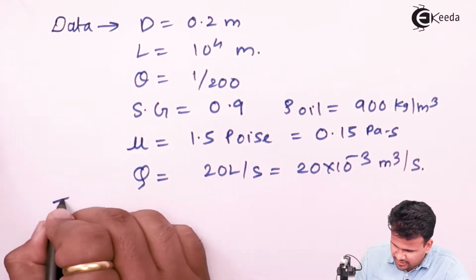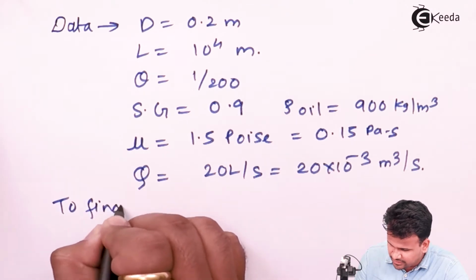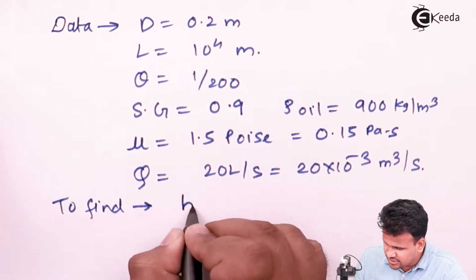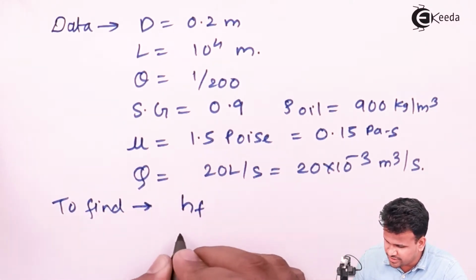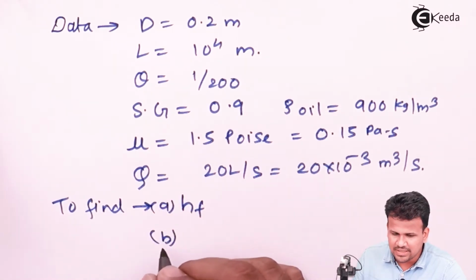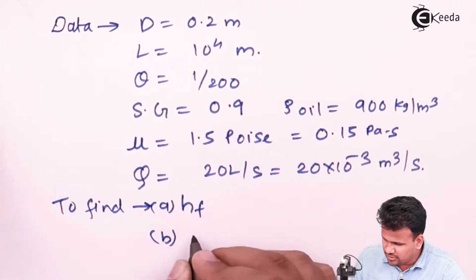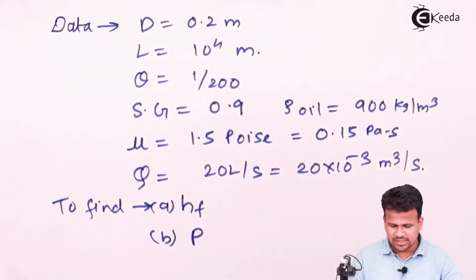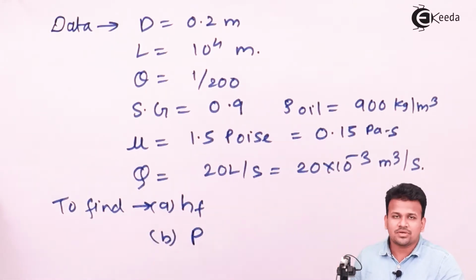Now we have to find the value of HF, that is head loss due to friction, and that is the first part. The next part which we have to find out is the power required. First thing, we need to calculate head loss.